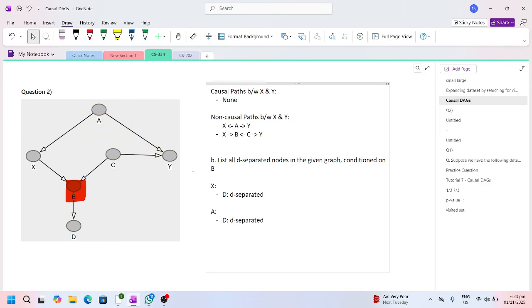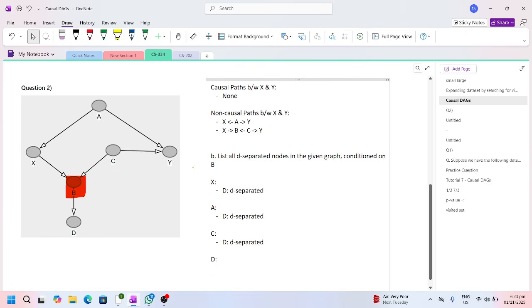Next, I can't check for B, so I'll just check for C. Not against X or A, but D and Y only. So let's look at C and D. Between C and D, this was a path which has been blocked. This was the other path which is blocked by default because of Y, even though you have conditioned on B. So these are d-separated. What about C and Y? Between C and Y there exists a direct path.